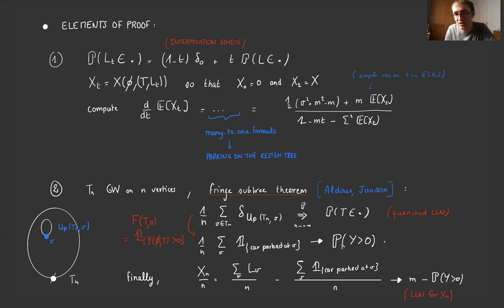We end up with this limit statement, and then by conservation of the number of cars and using the standard law of large numbers for this ratio here, we are able to get the law of large numbers alluded to in the table.